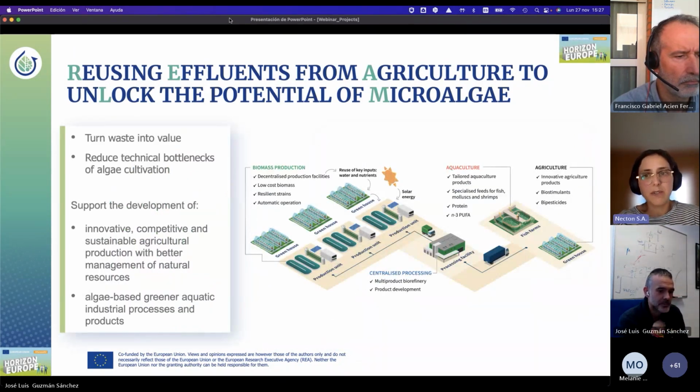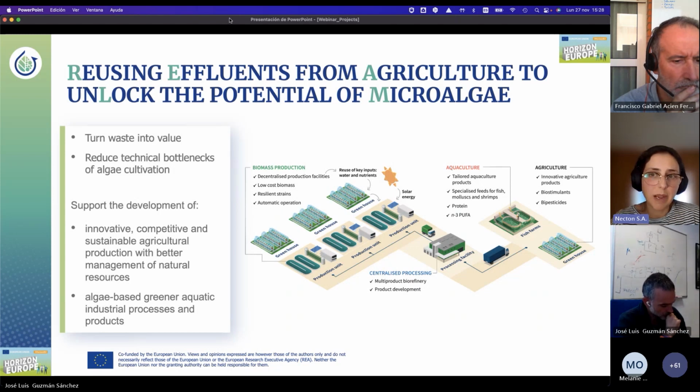So the goal here is to validate the integration of microalgae production sites next to soilless cultivation greenhouses and grow the algae in this drainage water. So basically have a decentralized production facility using three key inputs of water and nutrients, and use advanced modeling and deep learning tools to optimize productivity and nutrient uptake, resulting in biomass and nutrient-free water.